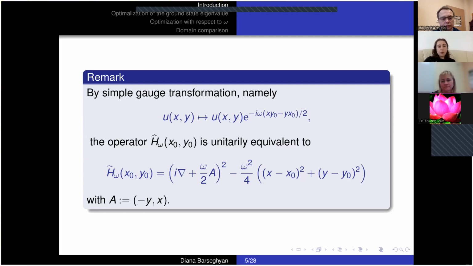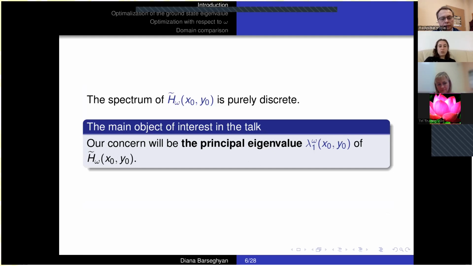And now we see these operators, H_Ω tilde. The first part is the magnetic Laplace part, but already with the magnetic potential minus yx. And the electric part is the same. The next slide, please.